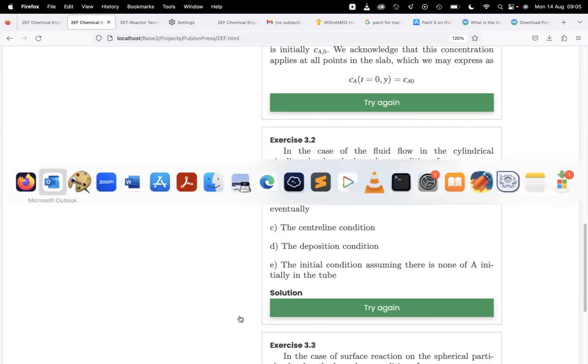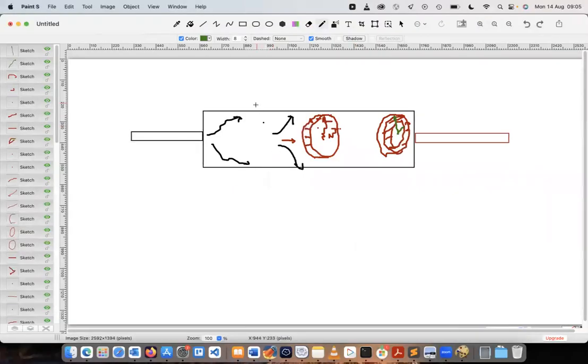Let's draw it first. So we've got our feed here. The way we've drawn it, we've got feed into the pipeline here. But let's assume immediately on entering, everything gets well mixed in this direction. Then we can talk about an inlet concentration here. Let's say it's Ca in.